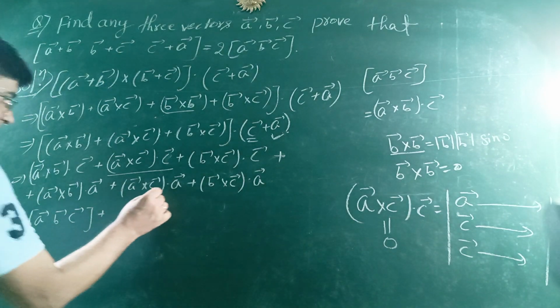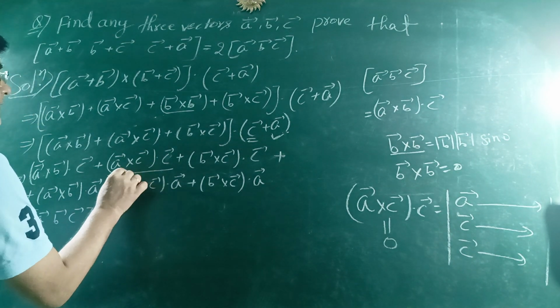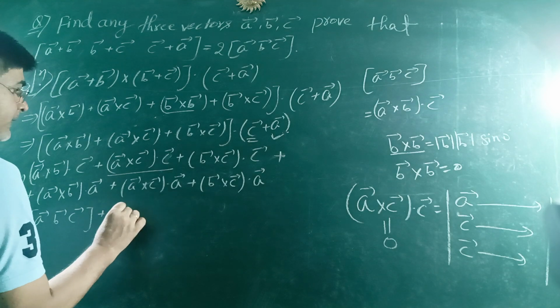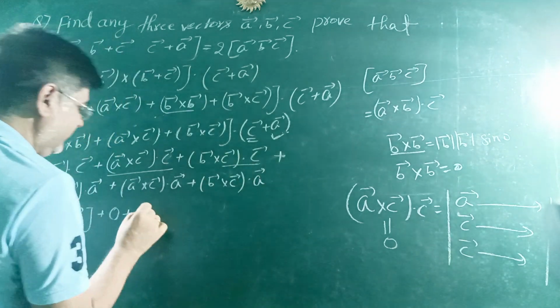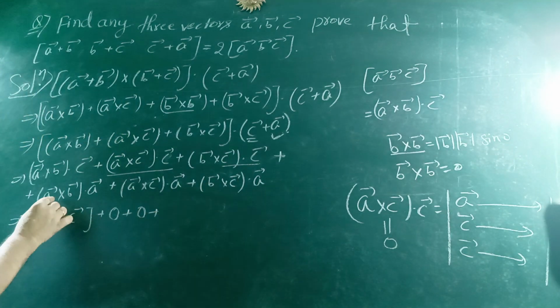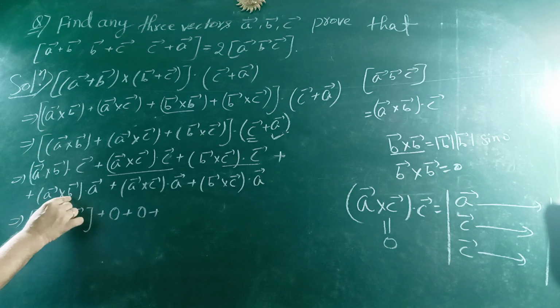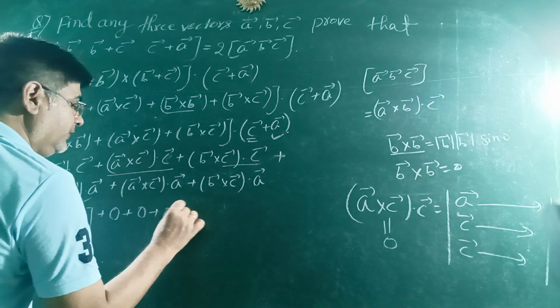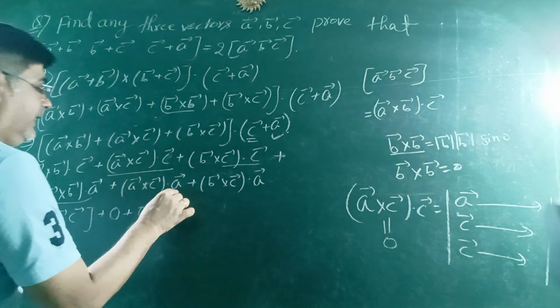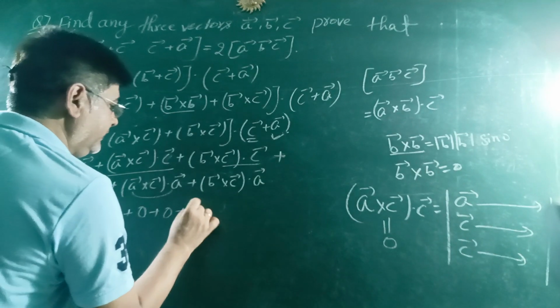So this term is 0, this term is 0. Plus B cross C, this is also identical, so 0. Plus B cross A cross B dot A, this A is identical, so also 0. And A is also identical, this is 0.